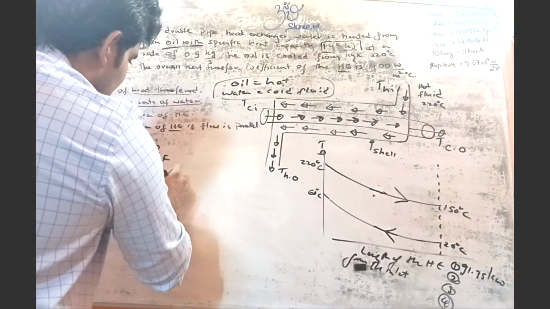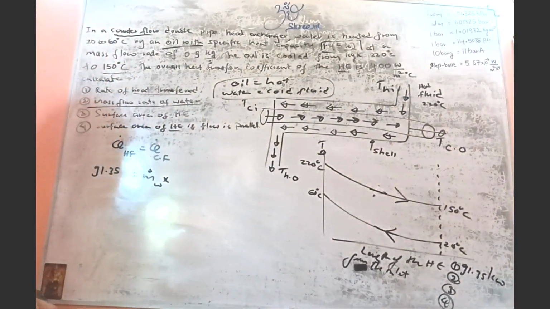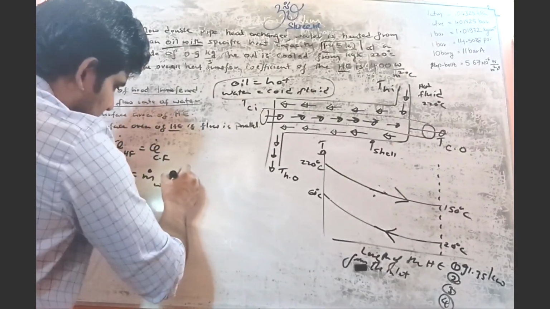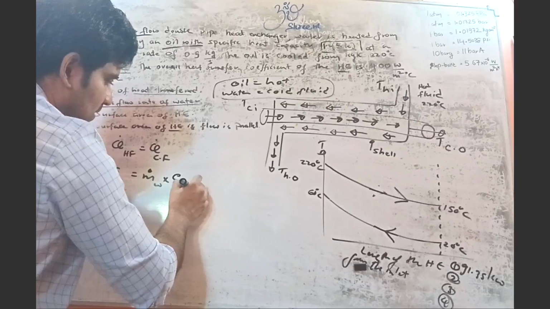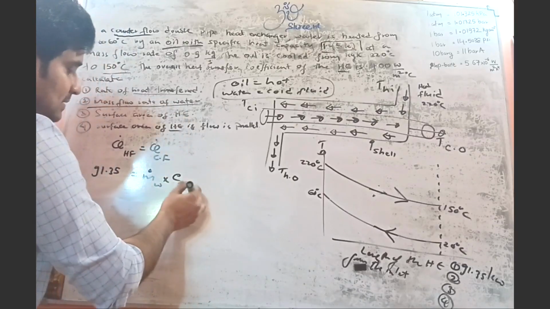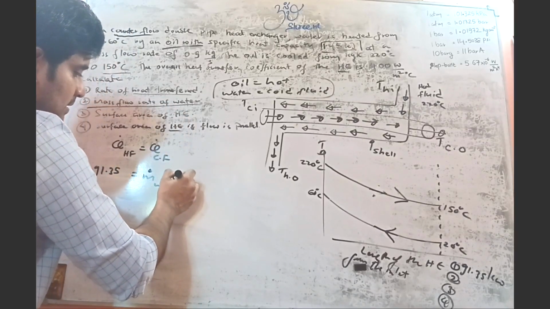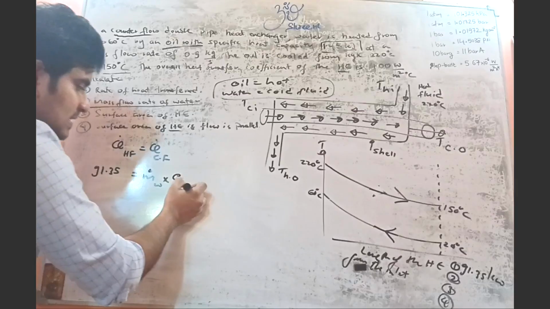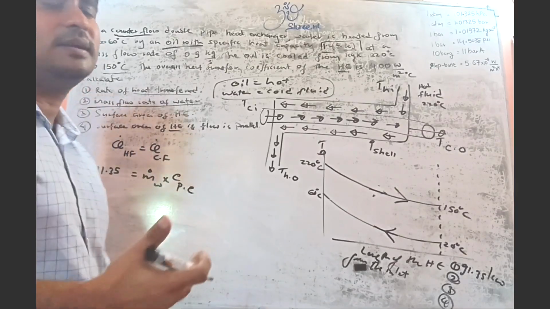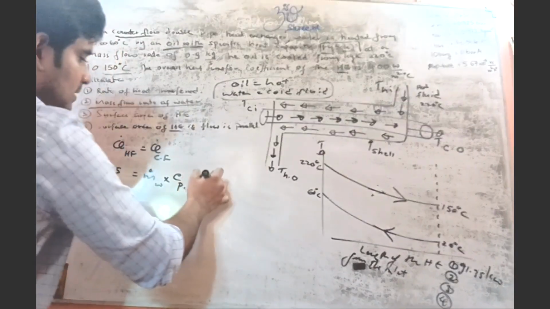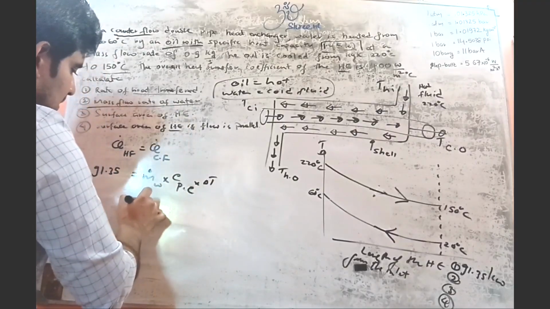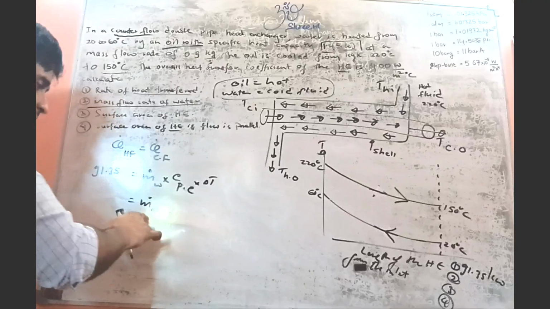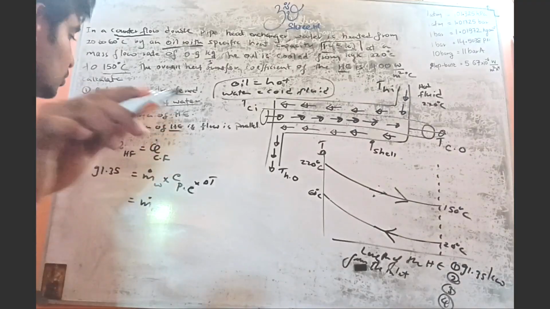What is the specific heat capacity of water? Let's say Cp, let's say C, where this C stands for the cold fluid, times the temperature difference. MW is the thing that we need to find because we don't know that.